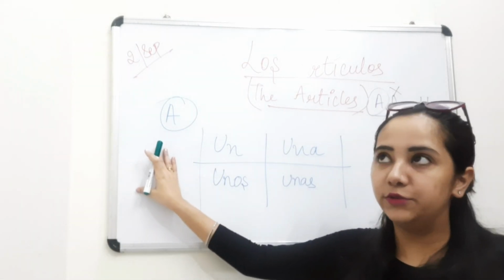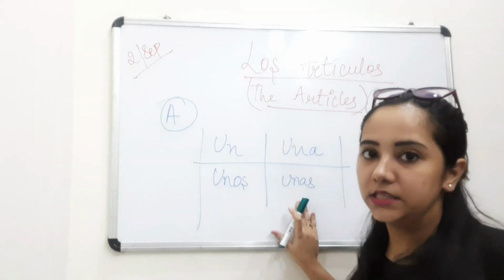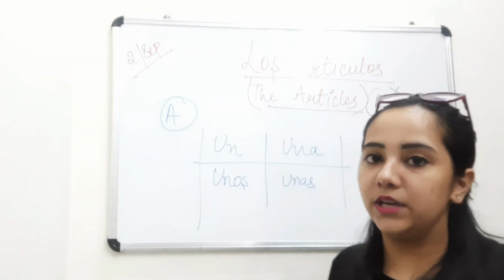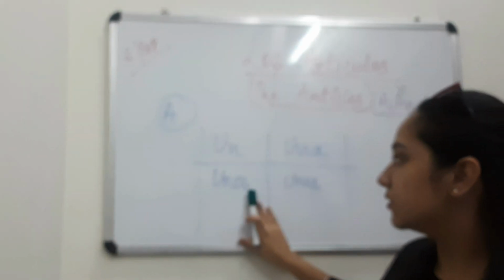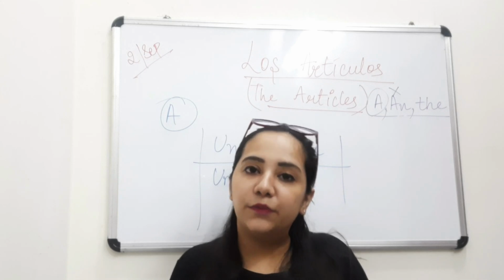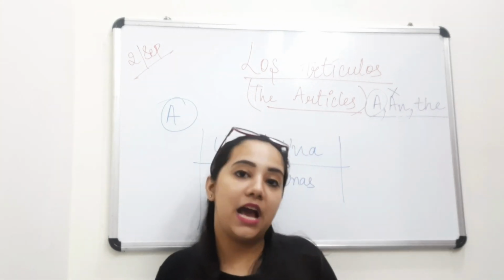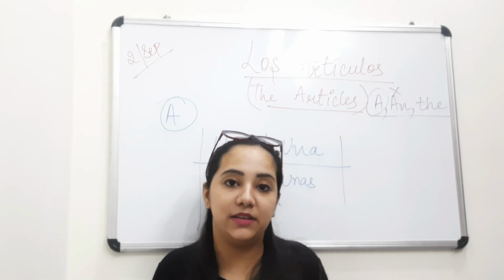When it comes to Spanish, you have un, una, unos, unas. So you have four a's, you can say. This one is also a, this one is also a, this one is also a, this one is also a. So first, we have genders in Spanish, that is masculine and feminine.